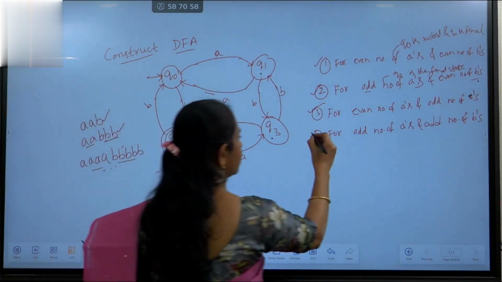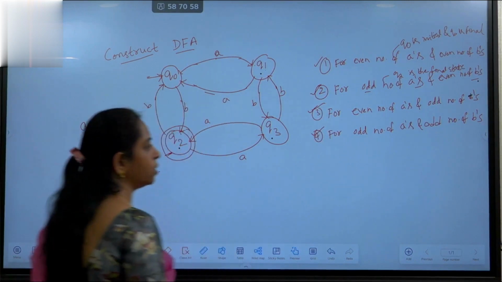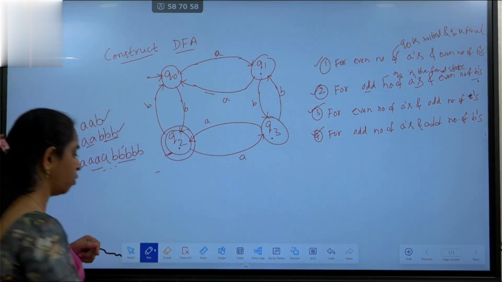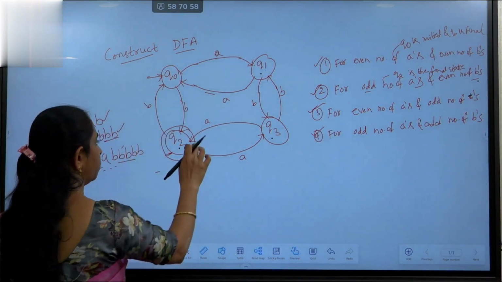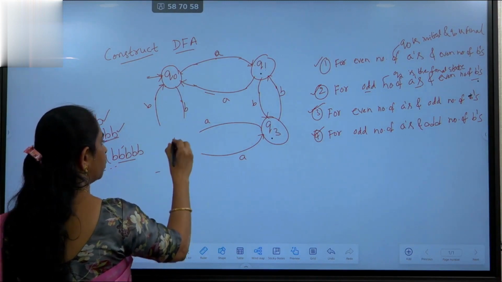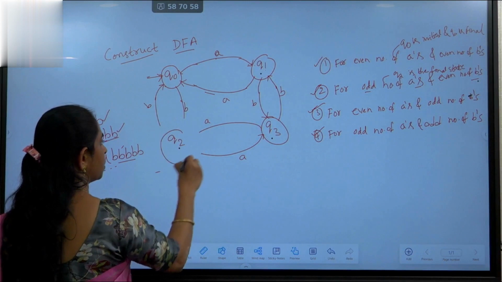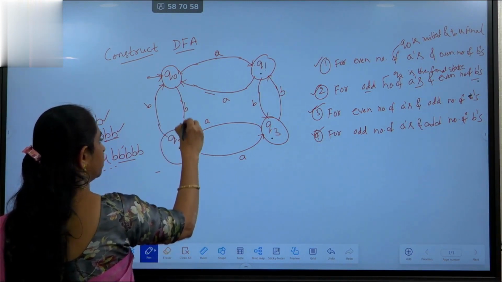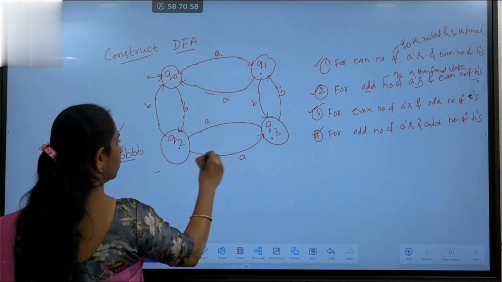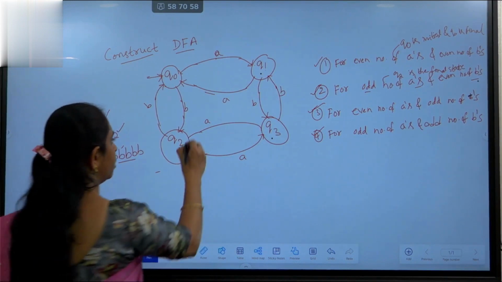Next, let me check for odd number of A's and odd number of B's. Now, Q2 is the normal state. So here, check it.